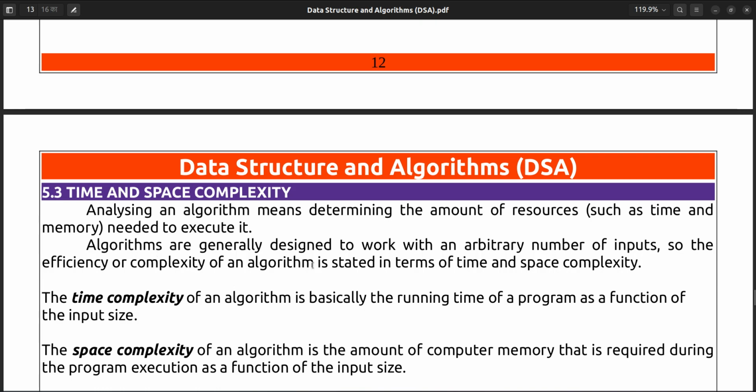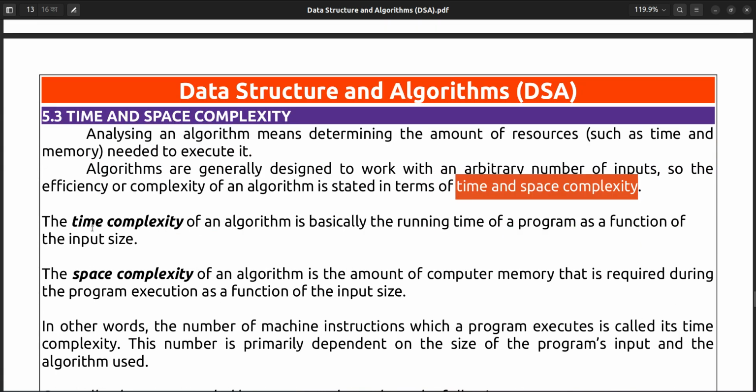Algorithms are generally designed to work with an arbitrary number of inputs. Arbitrary number of inputs means we don't know how many inputs, so the efficiency or complexity of an algorithm is stated in terms of time and space complexity.